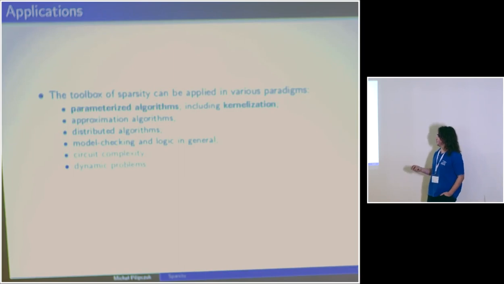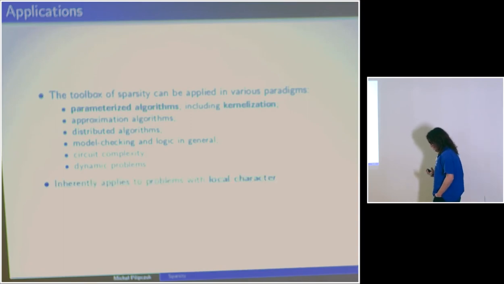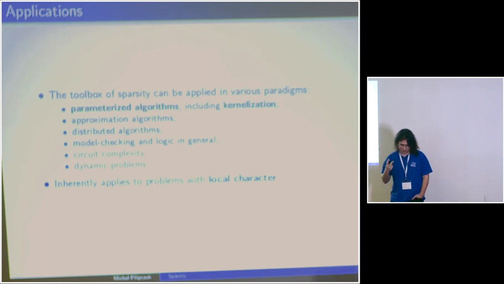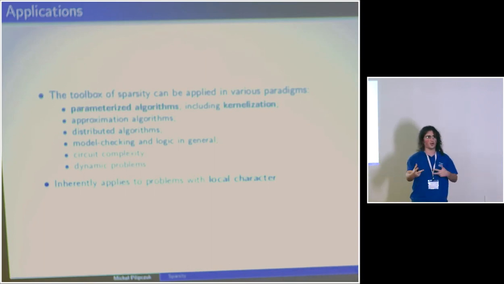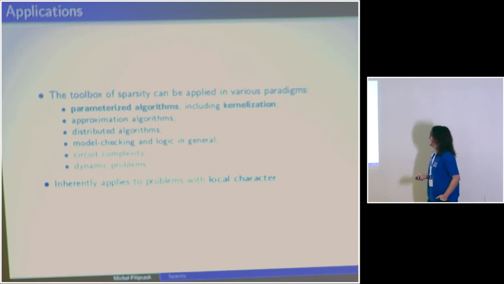We think that there should be something to do in the sparsity regime in circuit complexity and in dynamic problems, but I will not go into this further. The intuition here is that because we are talking about local embeddings of minors, we are dealing with local things, so this toolbox inherently applies to local problems. I will try to make it clearer in a moment.